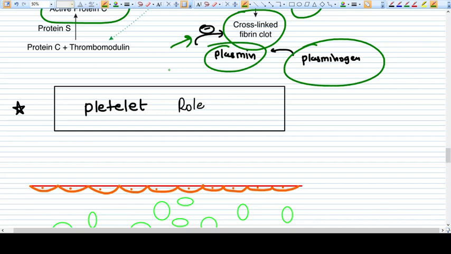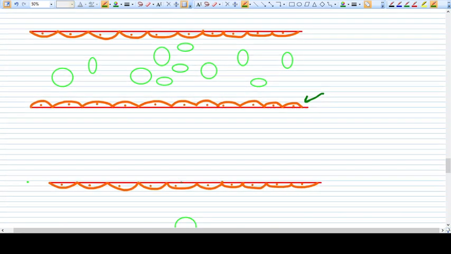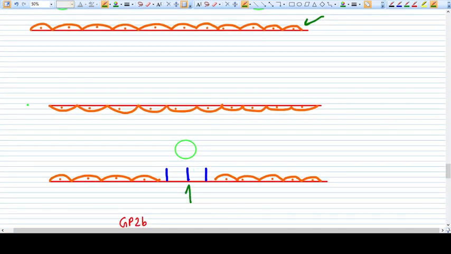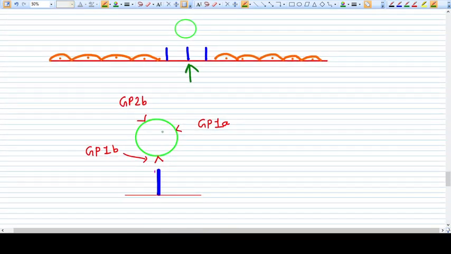Now let's discuss platelets. If you see here, this is a blood vessel and these are the endothelial cells, and these green things are platelets. They are just flowing with the blood. But once there is an injury here, the collagen of the endothelial cells, or blood vessel cells, is exposed to the blood, and once it is exposed to the platelets, the platelet has three basic receptors.